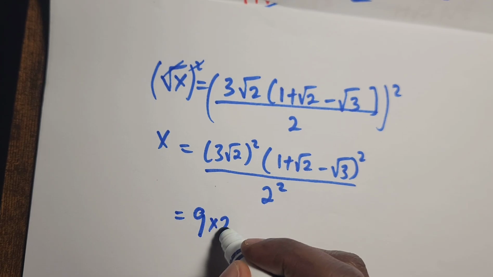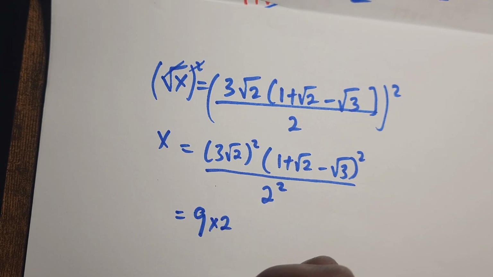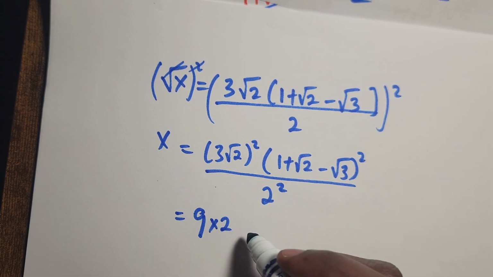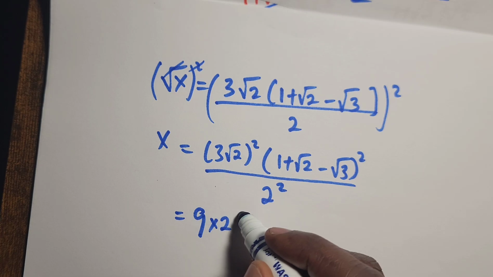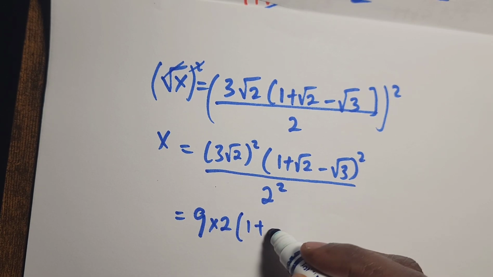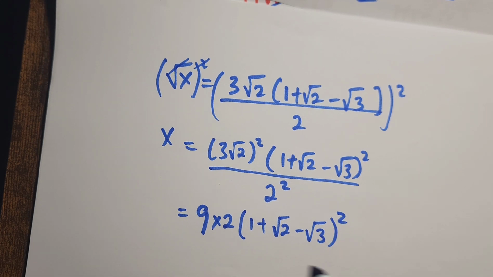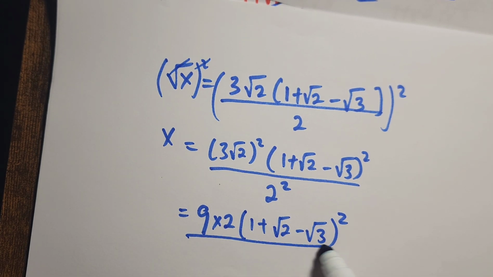Root 2 squared is 2. So from here, I'm going to have 1 plus root 2 minus root 3 squared divided by 4.